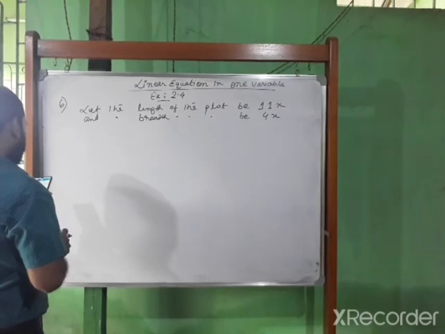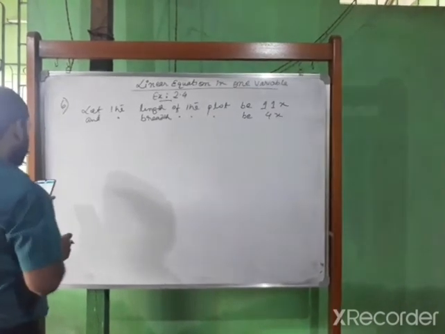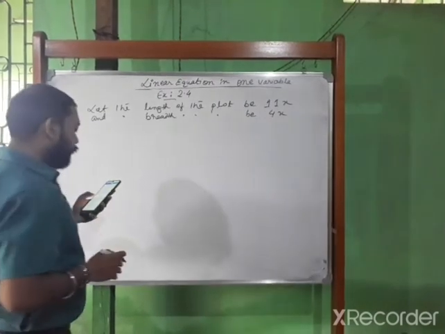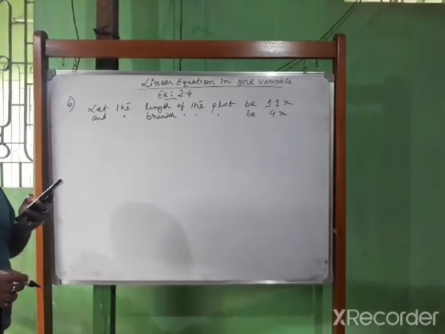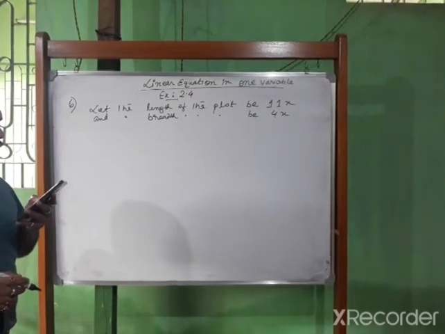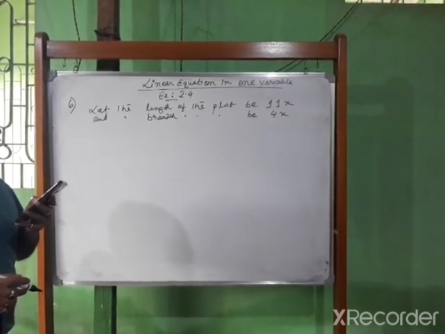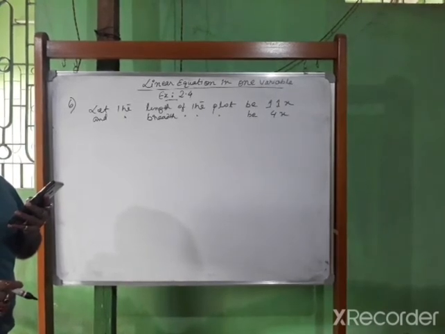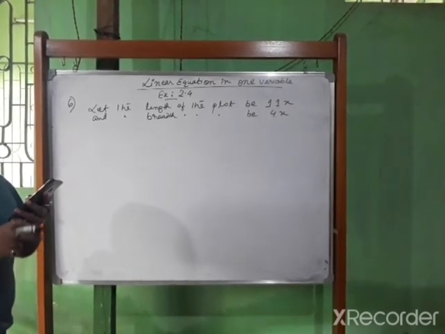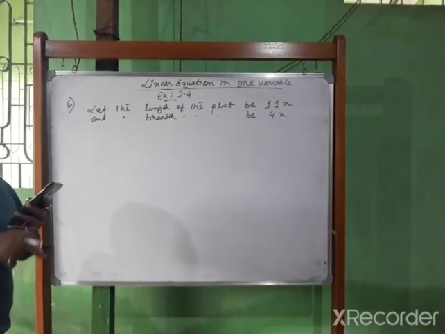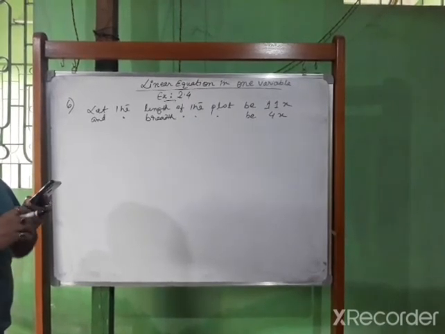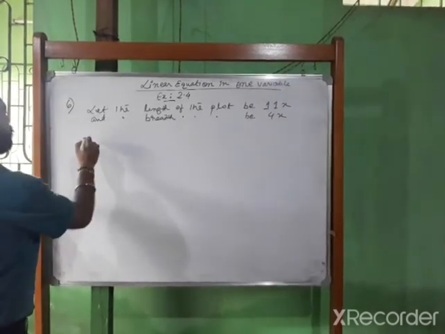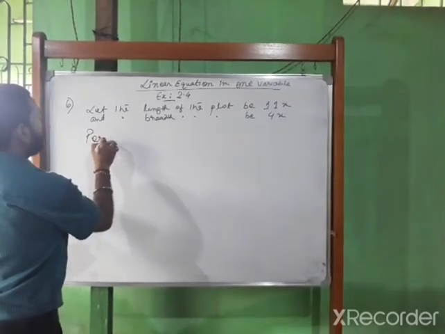Again, in the next part of this question, it is given that at the rate of 100 per meter, it will cost the village panchayat 75,000 to fence the plot. So from here we can find the perimeter. What will be the perimeter of this plot?